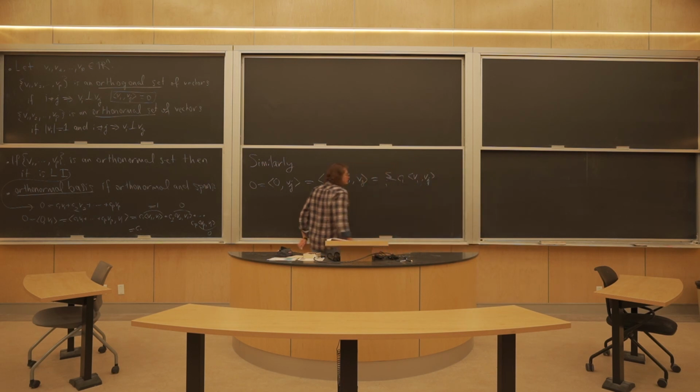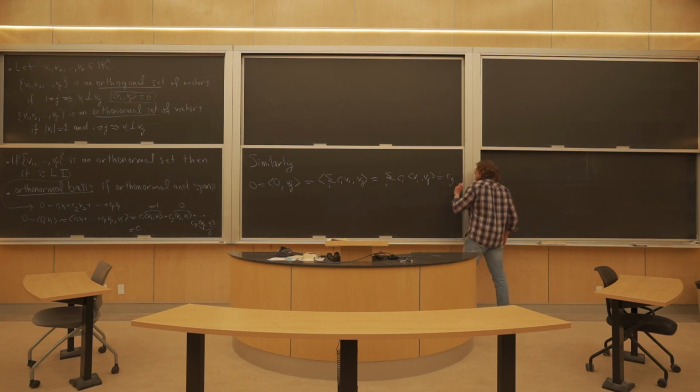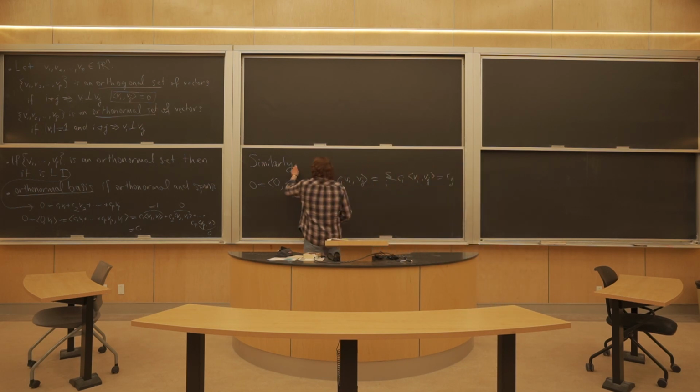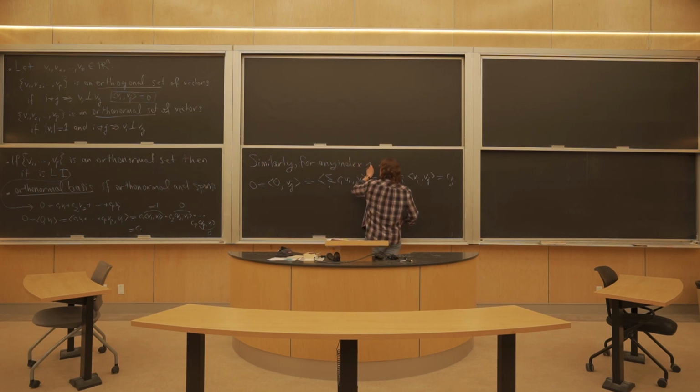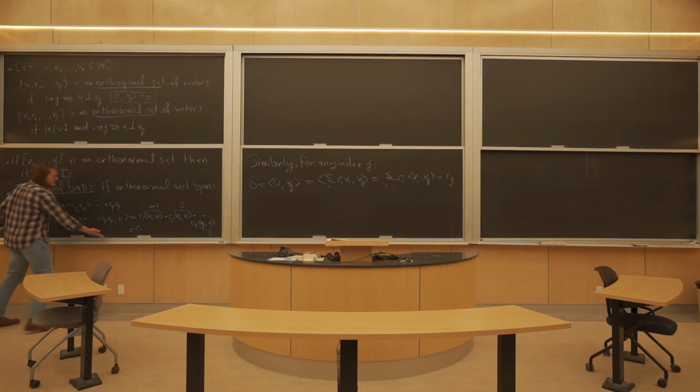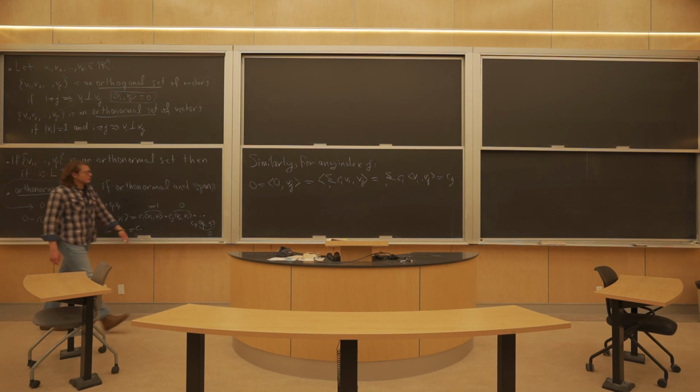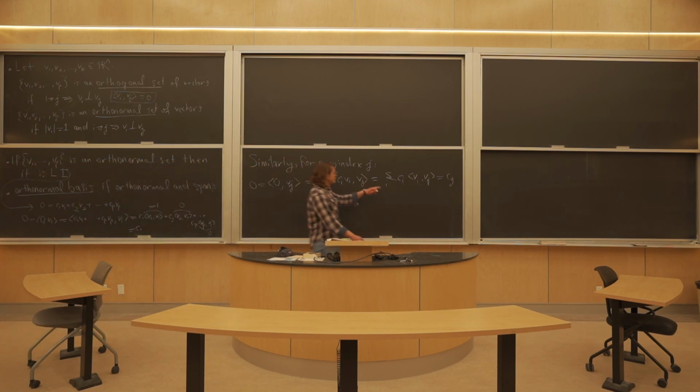And this is 1 only when i is equal to j, and it's 0 otherwise. So this is going to give you Cj only for any j. I just wrote down this thing in shorthand, essentially. Okay? And so for any index j, Cj has to be 0.